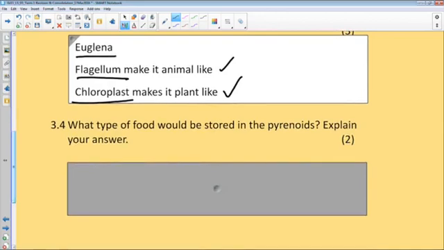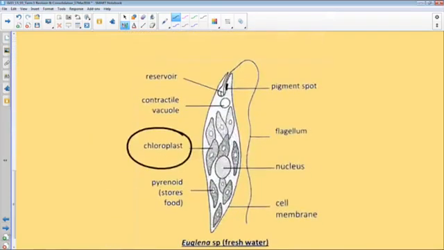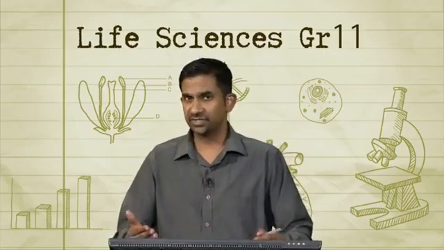Let's look at the fourth question. What type of food would be stored in the pyrenoids? Explain your answer. So I'm going to very quickly go back to our reference point, the diagram, guys. If we look at this organism, it has this organelle which is chloroplast. And you can recollect from grade 10, you've done the process of photosynthesis.